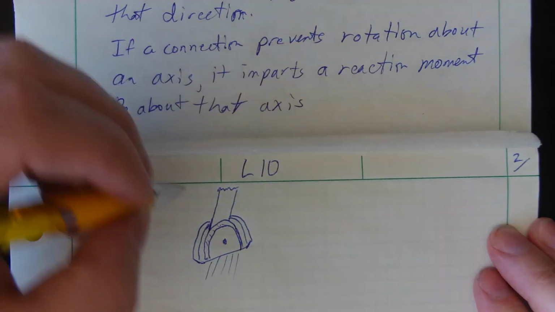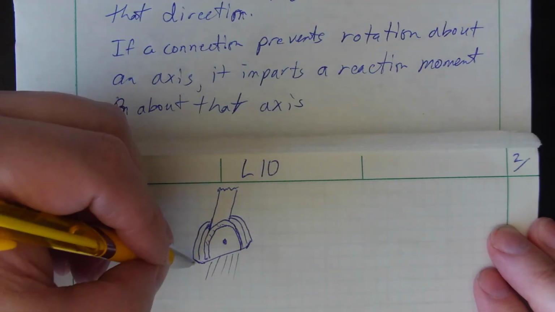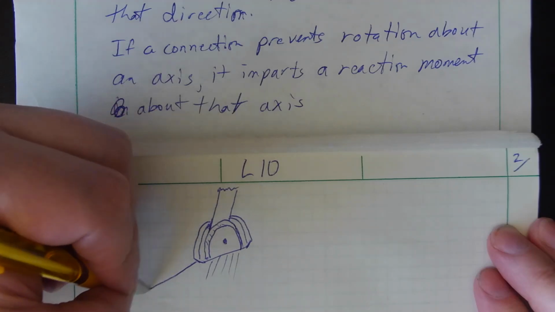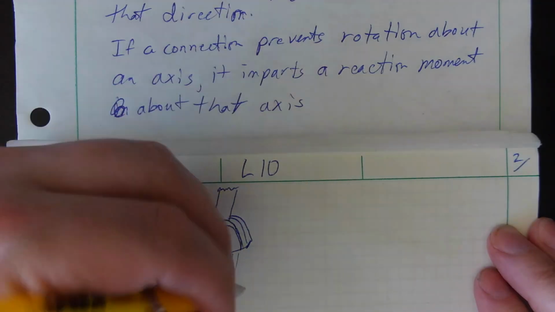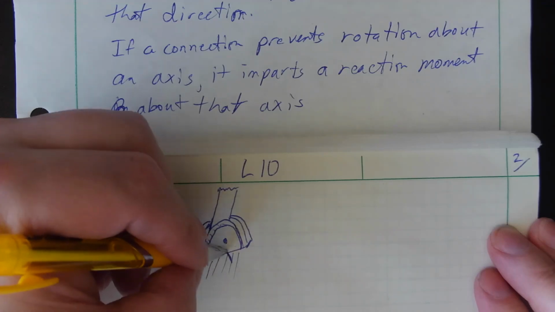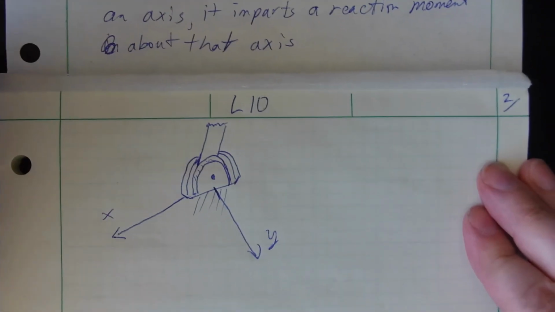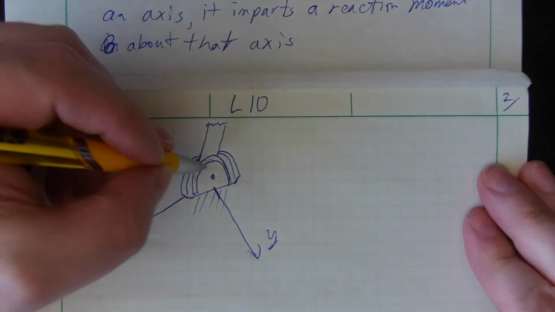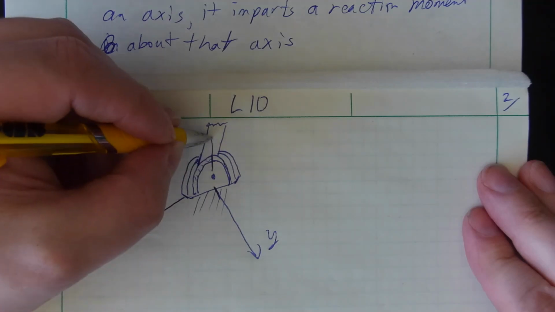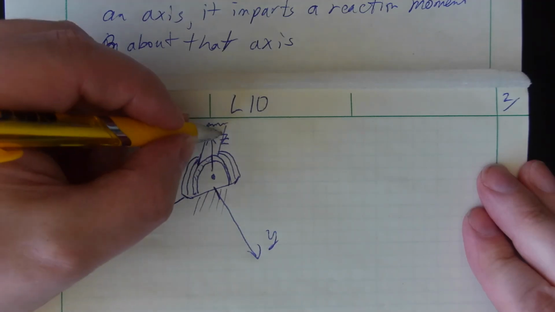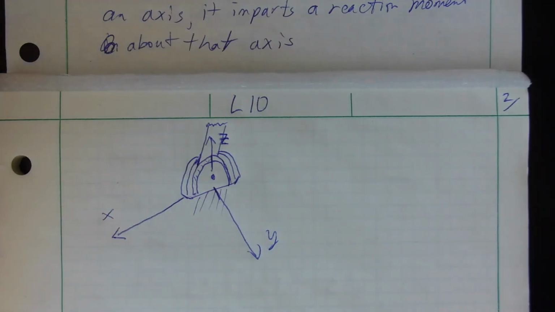Hopefully this gets the point across. So let's say that this is the x-axis. Let's say the pin is in the y direction. Looks like a taco, doesn't it? Sorry. And let's say straight up, of course, as always, is the z direction.